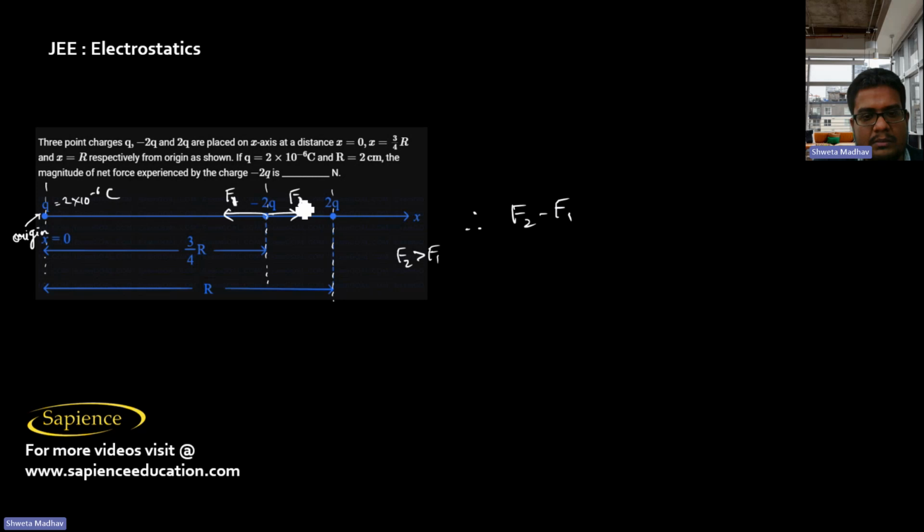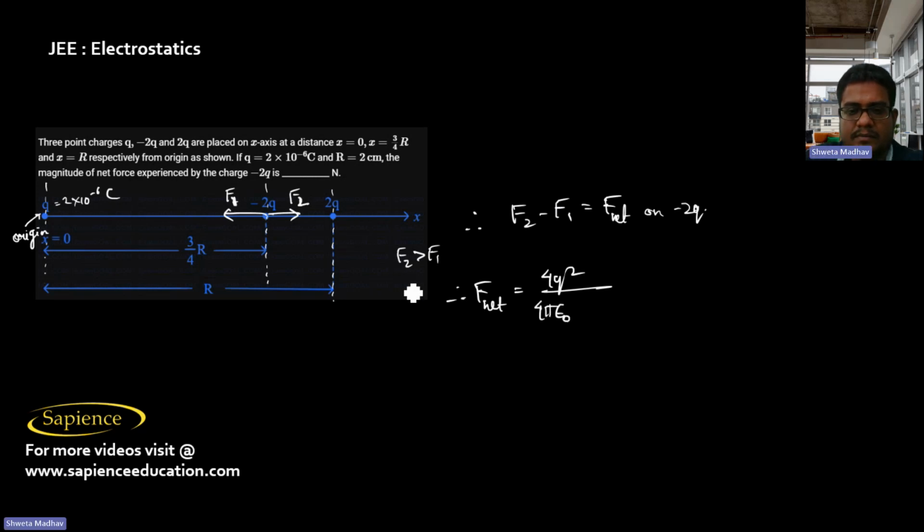Means the magnitude of the force F2 will be more than the magnitude of the force F1. So therefore F2 minus F1 is the net force on charge minus 2Q. So that only we have to find out. Therefore F2 is 2Q into 2Q, so 4Q square, by 4 pi epsilon naught into r square.